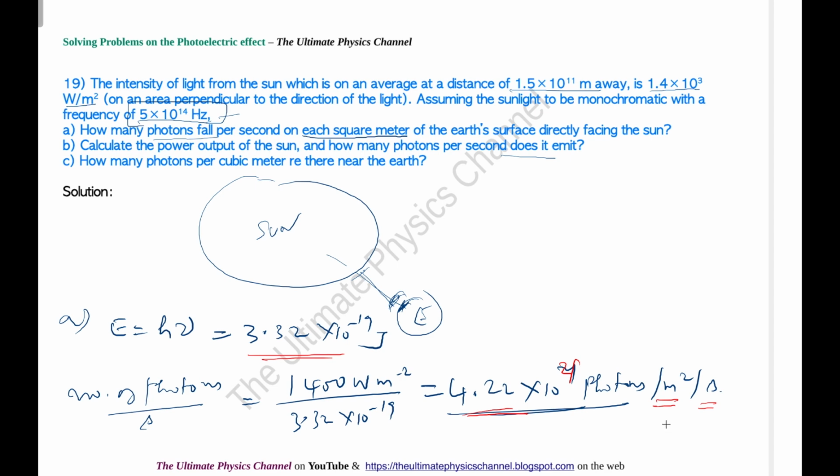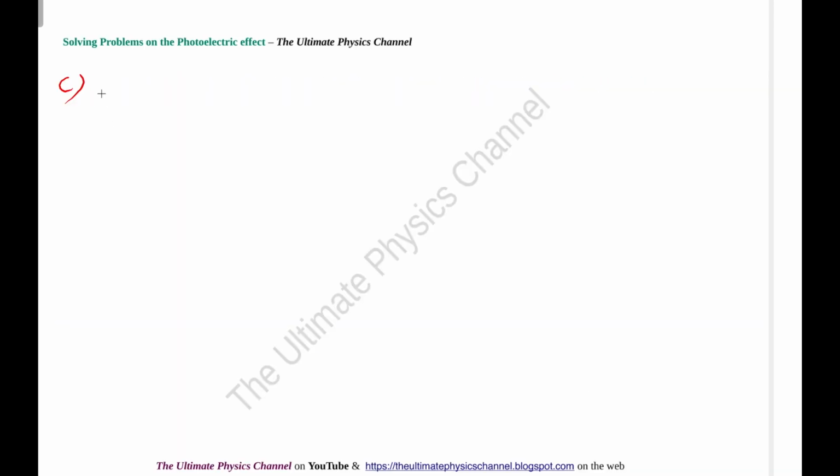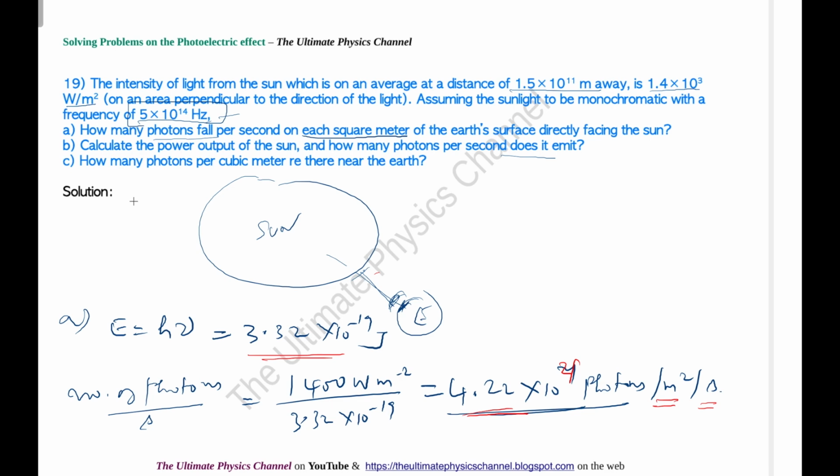We want the number of photons near the surface, so that can be calculated by just dividing it by the velocity of light. So in the third part, how many photons per cubic meter are there near the Earth.